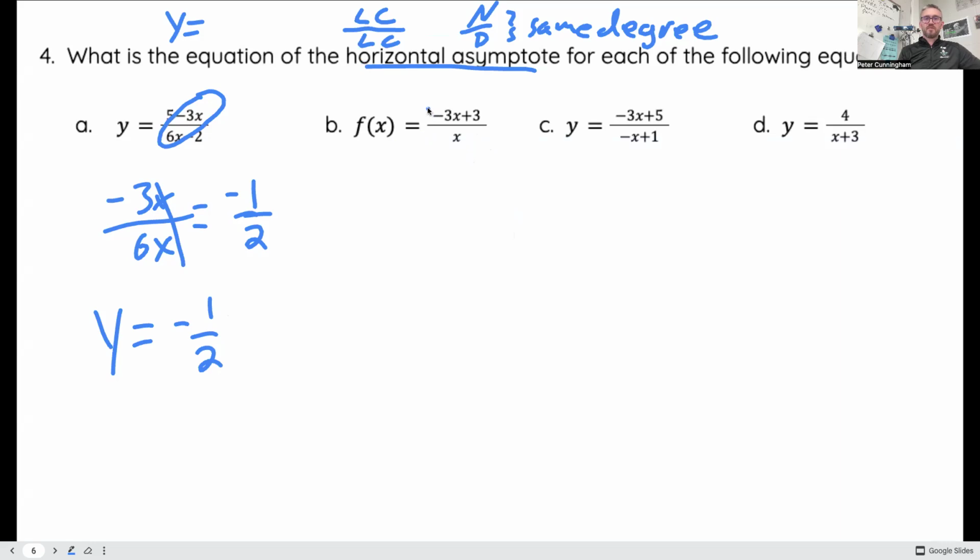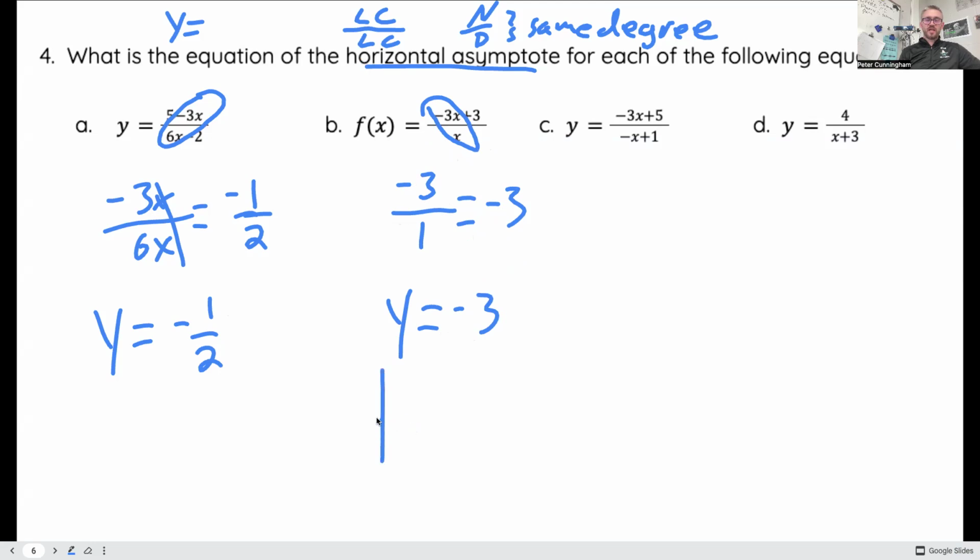Here we have -3. There's nothing in front of this x. That's like saying it has a 1. So your asymptote here would be at y equals -3.